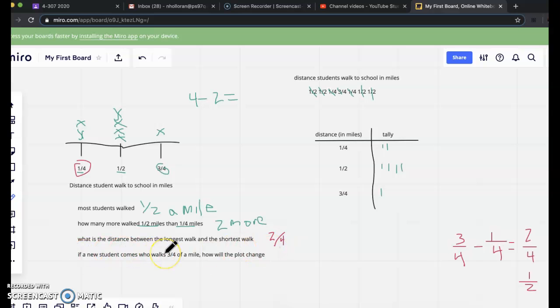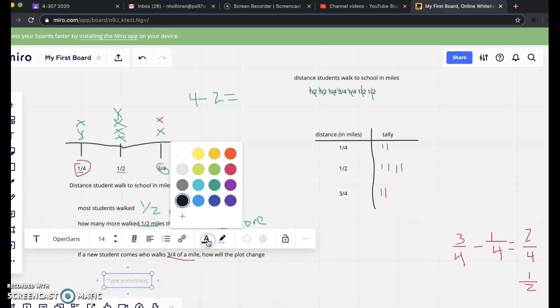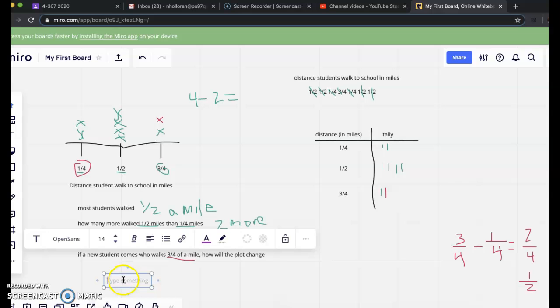And if a new student comes who walks 3/4 of a mile, how will it change the line plot? Well, a new student comes, they walk 3/4 of a mile. Okay, so I'm just going to put that in my tally and on my chart. Now, how did it change? I'm going to change my text color so you know it's an answer.